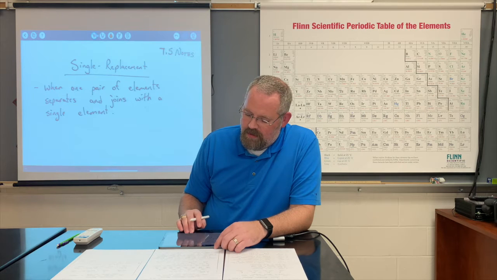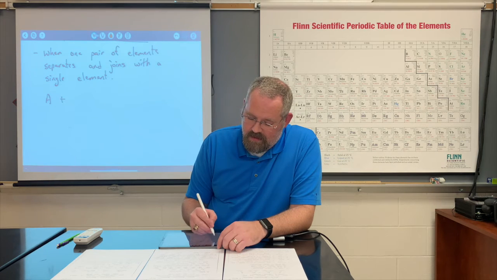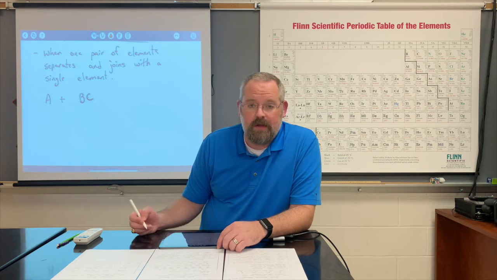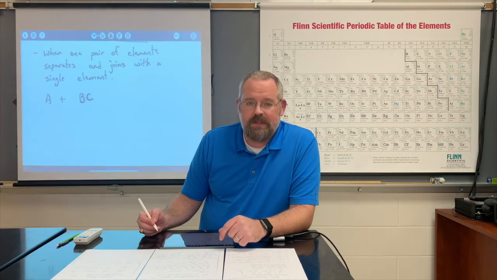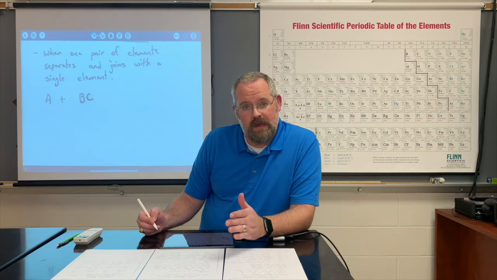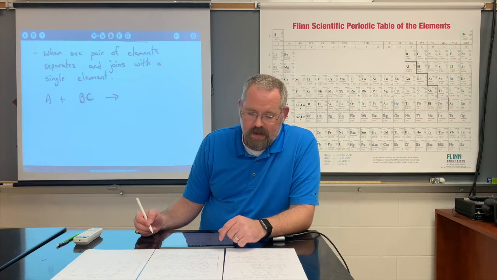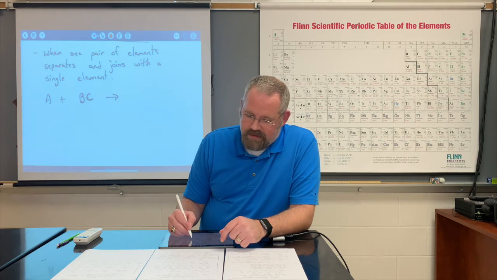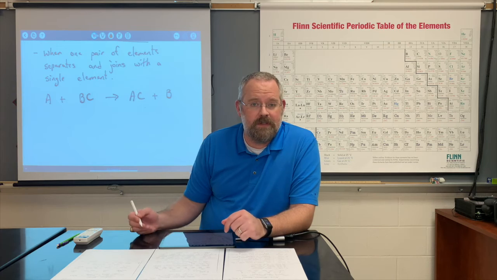Okay, in the most simplistic explanation, I have element A meets compound BC. Now, what's very important to understand is whether or not you're dealing with anions and cations. We'll talk more specifically about that in a second. But in this particular instance, I'm going to have product AC plus B. So they are flipping spots.